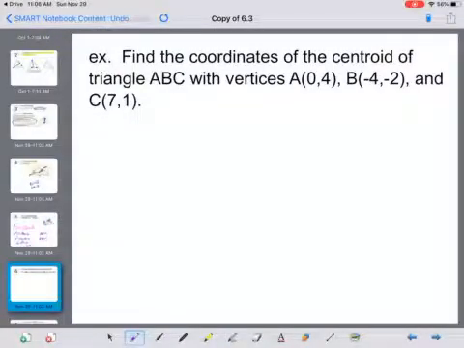In order to find the coordinates of the centroid, first off, we need to graph this.